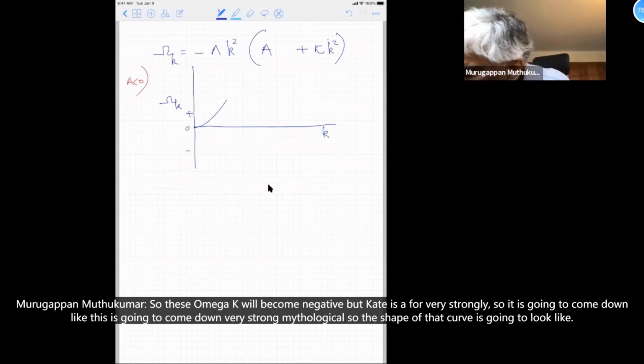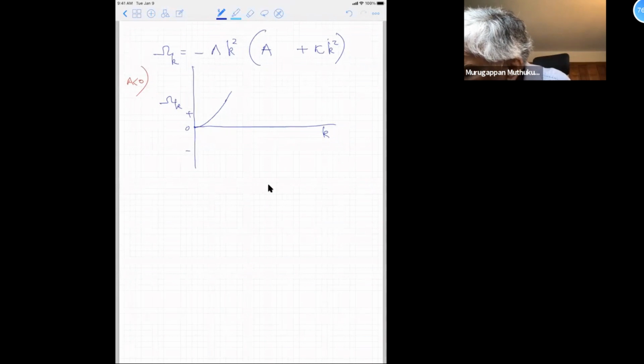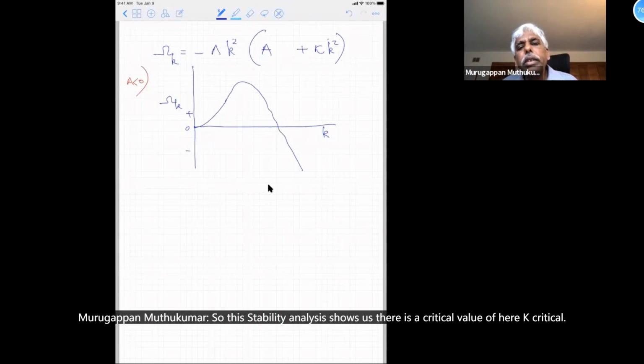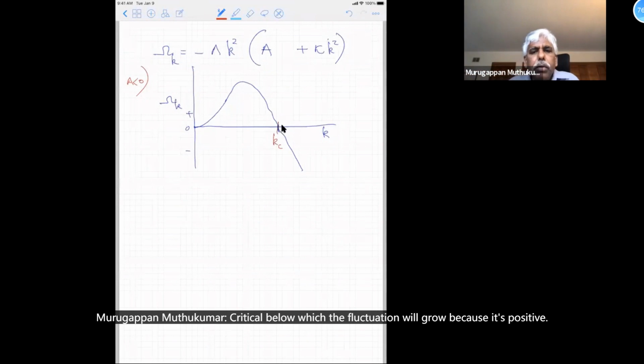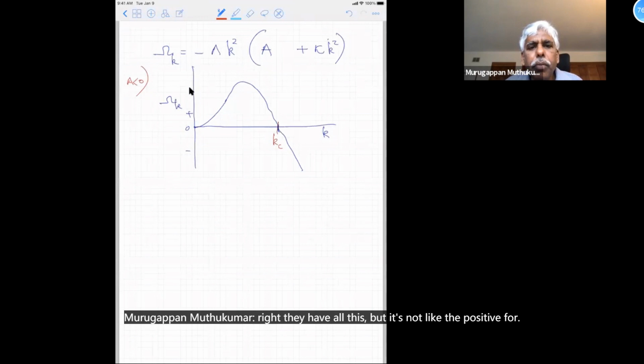So the shape of that curve is going to look like that. This stability analysis shows us there is a critical value, k critical, below which the fluctuation will grow, because this is positive, above this horizontal axis.